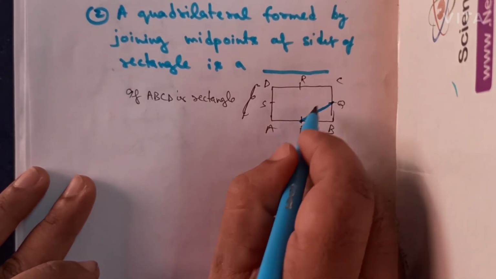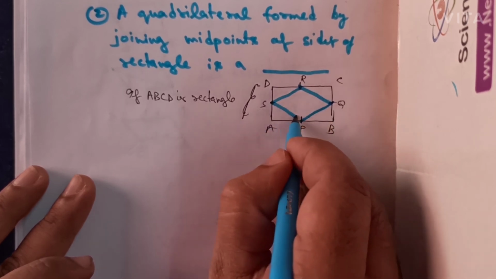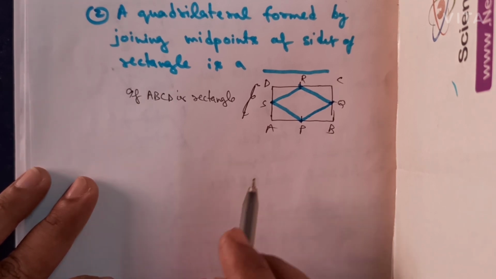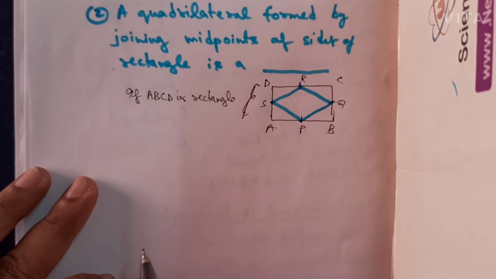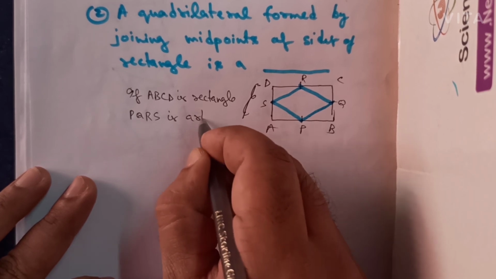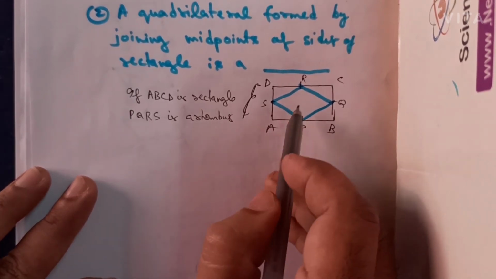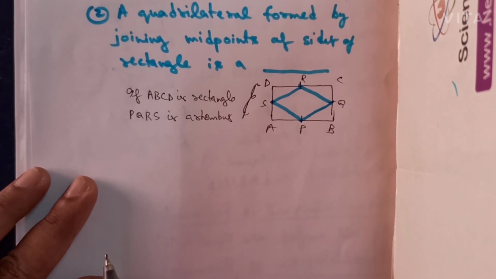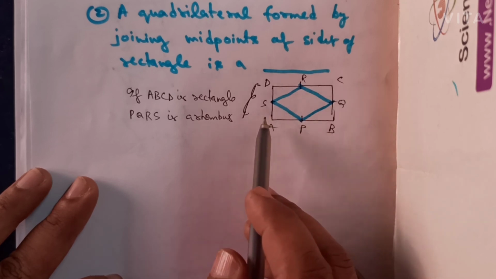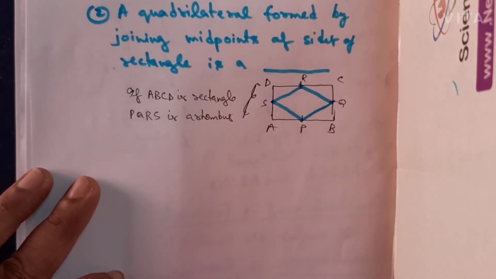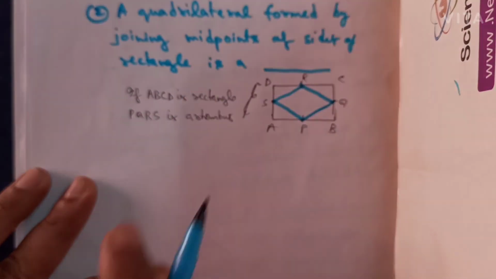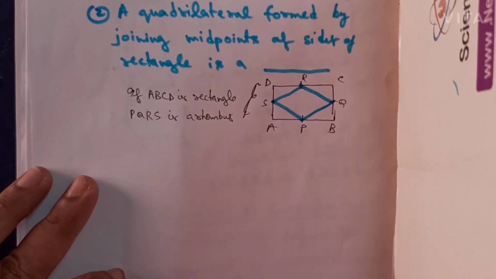Then the figure formed by joining the midpoints of ABCD will be PQRS, and PQRS is a rhombus. Now you can see that AC and BD are diagonals of a rectangle, and since the diagonals of a rectangle are equal, SR will be equal to SP, all sides will be equal, so it is a rhombus. But the angles will not be 90 degrees. Here the angles are 90 degrees in the above case, but here the angles will not be 90.